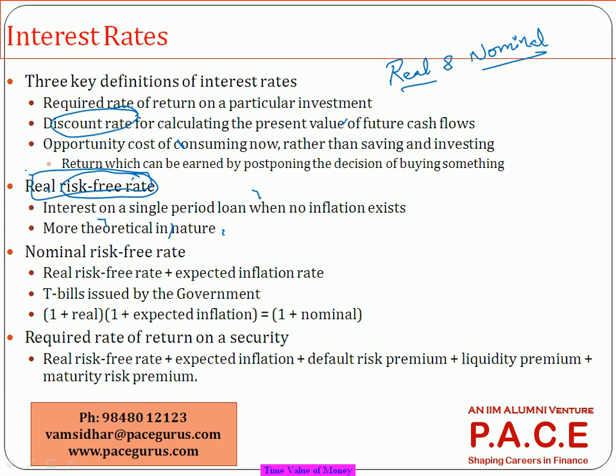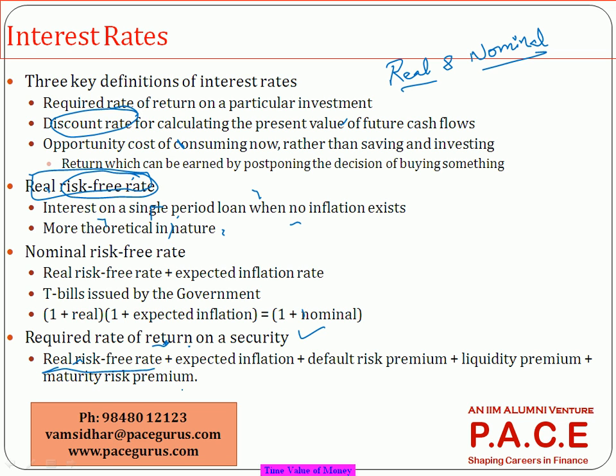But when I look at government securities, the chances of default are much, much lesser or almost nil. Then only we call it the risk-free rate of return. For any other security, the total return it gives me has components that go into it.